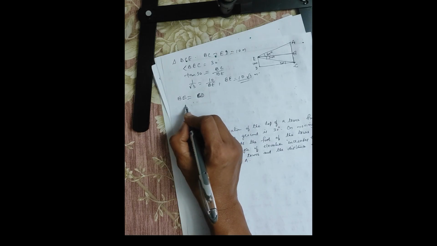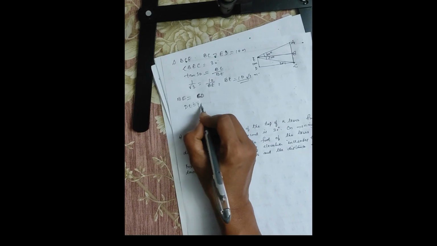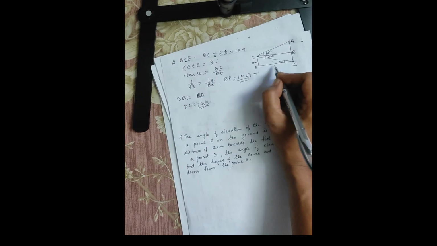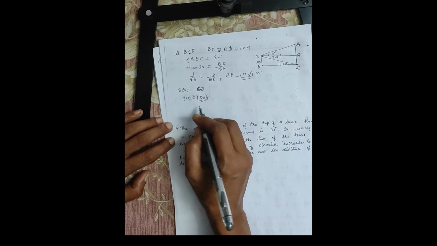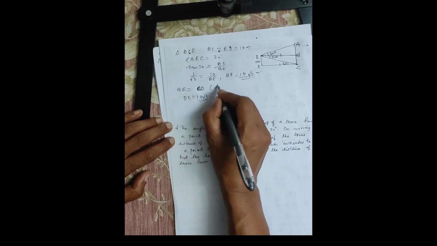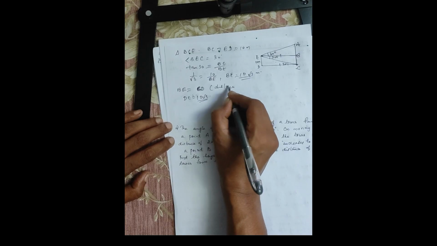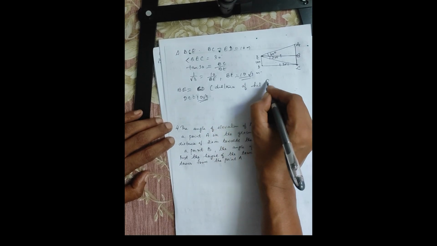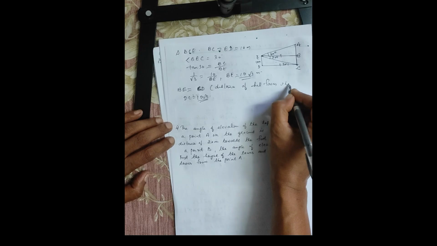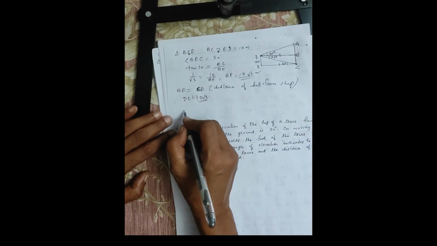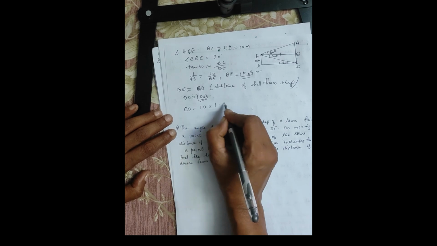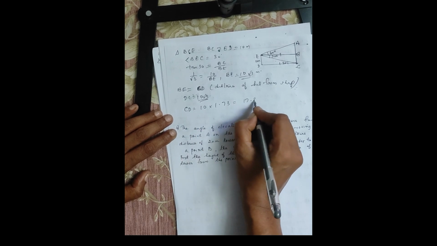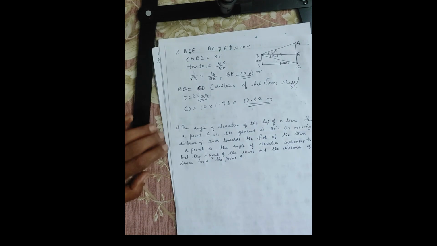So DC will be equal to 10 root 3 because the same length, this length and this length will be equal. This is a rectangle. So that is the distance of hill from ship. So answer will be 10 root 3 means 10 into 1.73. Answer will be 17.32 meters.